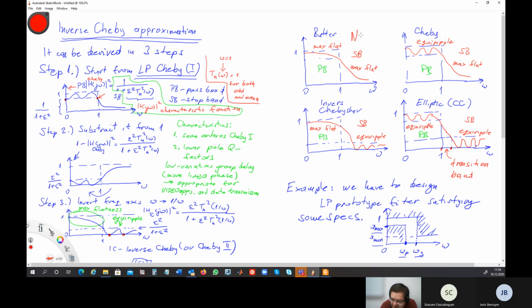For Butterworth, we have, for example, something like 21. And then we see, oh, it's a very big order, it's a very complicated filter. And then for the Chebyshev, we calculate the order n is equal to 15. Okay, that means we have saved a lot of parts of the filter. Then we try to calculate the inverse Chebyshev filter, and we see it has the same order as the Chebyshev filter.